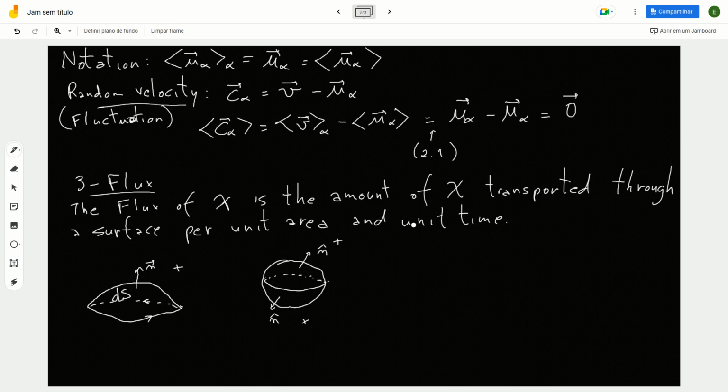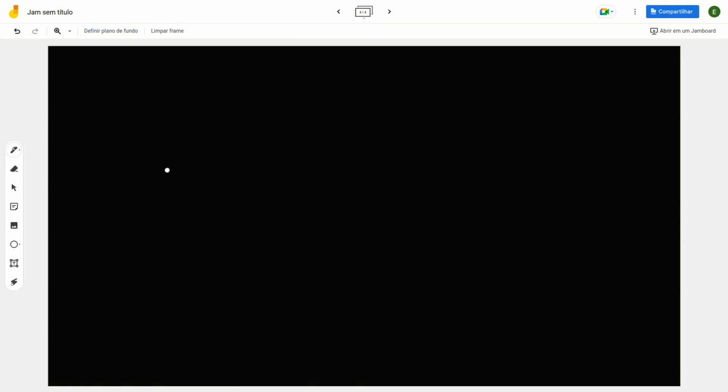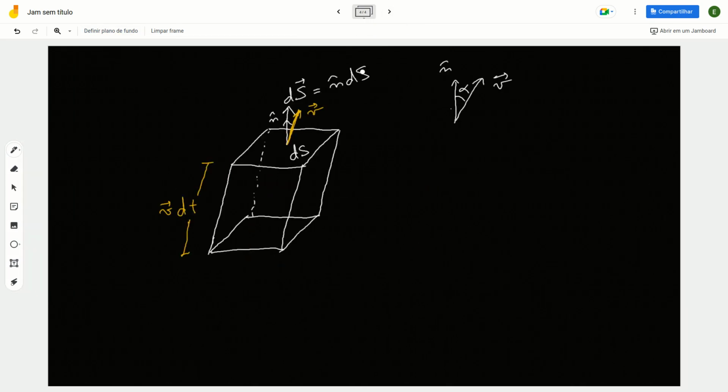Now, in order to compute the flux, I need to draw a prism. So this image, this prism, will illustrate the motion of particles with the velocity vector v. You could actually consider v plus dv, the velocity of particles.